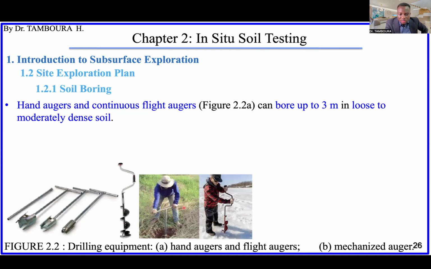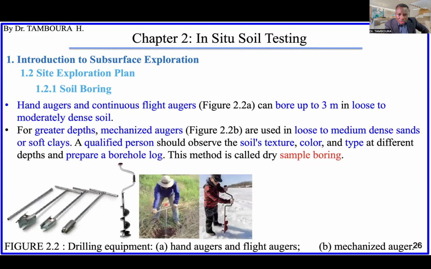See this one here and this one here. This guy here is using this type and this one is using this type. So this can help us do boring up to sometimes 3 meters in loose and maybe moderately dense soil. So no need for heavy equipment in that case, if you're going only to like 3 meters in the ground.